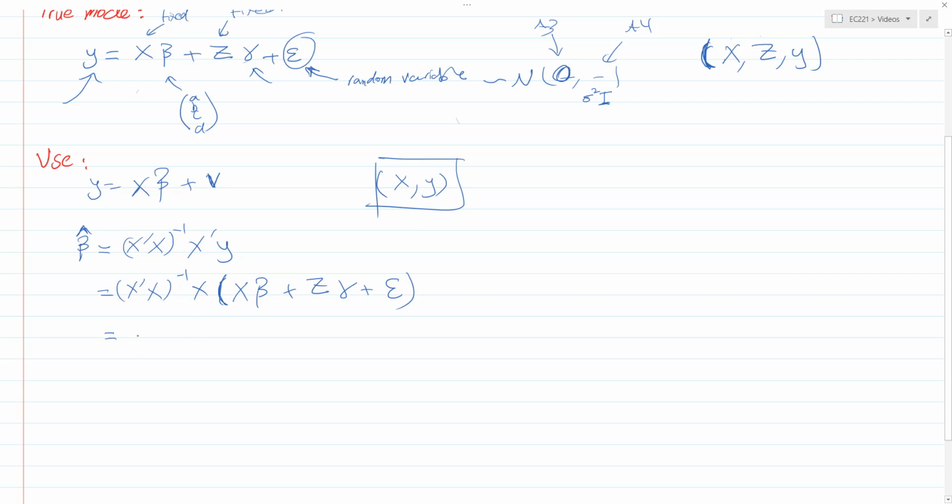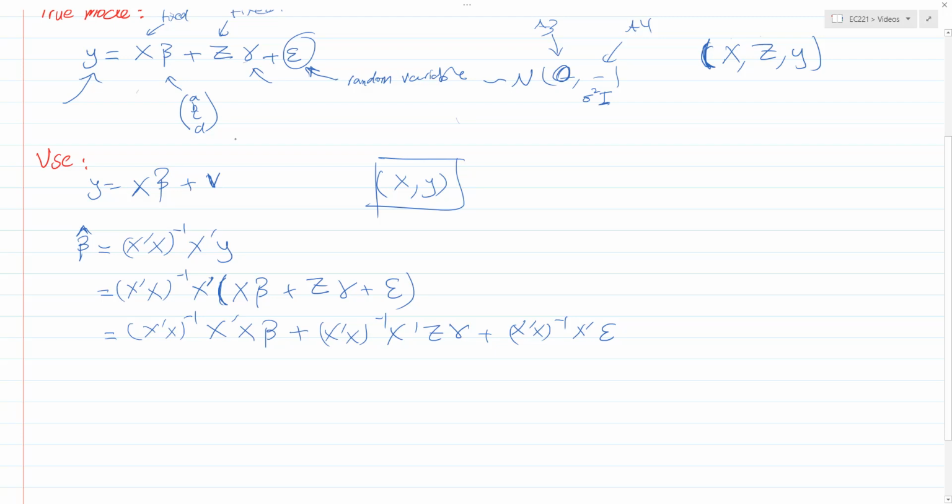So x prime x inverse x prime x beta plus again x prime x inverse x prime z gamma plus again x prime x inverse x prime epsilon. Great.